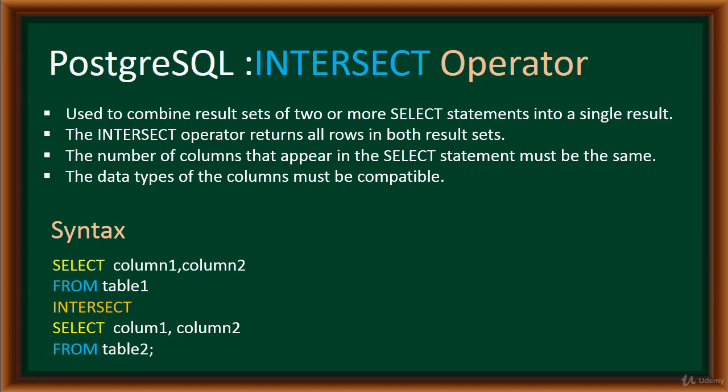You then apply the INTERSECT operator once you've specified the table from the first select statement, and then you write the second select statement and also specify the columns to be used in the second select statement, and then you specify the table from the second select statement.